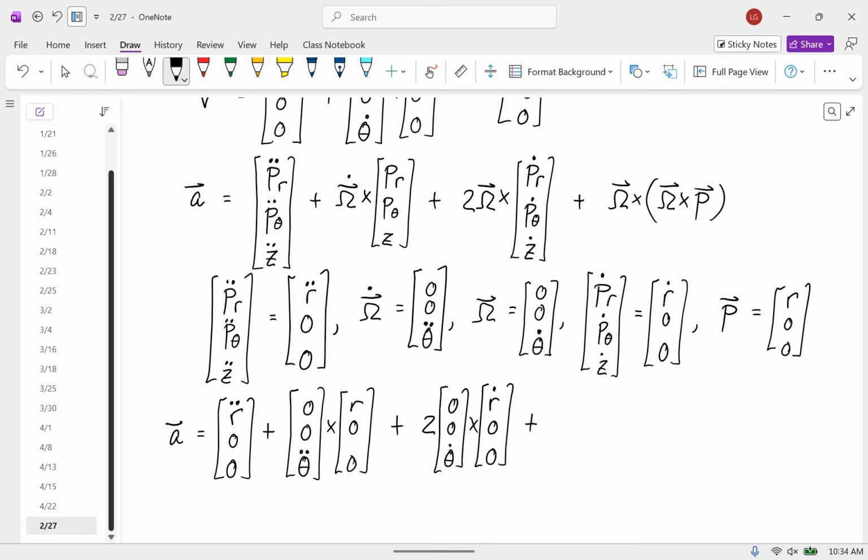Plus 0, 0, theta dot crossed with the quantity 0, 0, theta dot crossed with our position R, 0, 0.